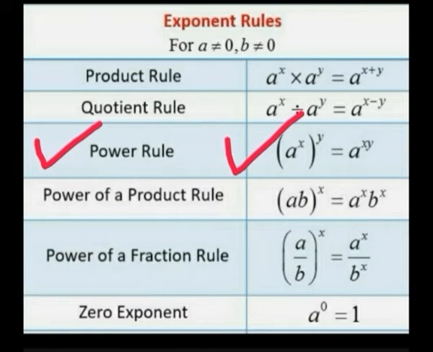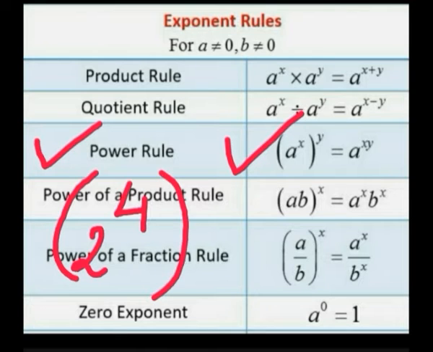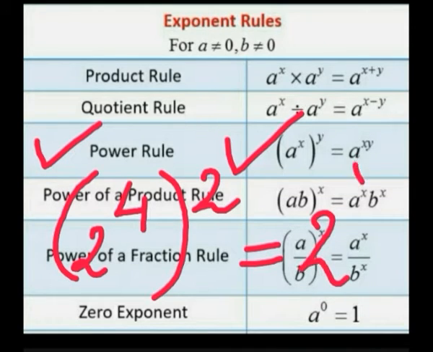If I say that I have 2 raised to the power 4, which is an exponential number, and its answer is raised to another power, which is square. So how will you solve this? You are going to multiply the powers. So it will be 2 raised to the power 8. 4 into 2 will give you 8. So this is how the third law of exponents is used.